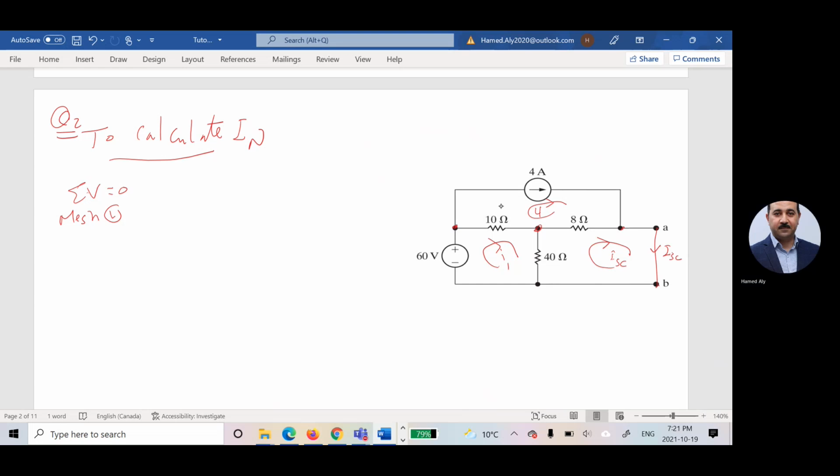So summation the voltage here is equal to 0. I have a current here. What is this current? It is I1 minus 4. What about this current? It's I1 minus I short circuit. So if this is the direction of the current, I'll have positive, negative. If this is the direction of the current, I'll have positive, negative.